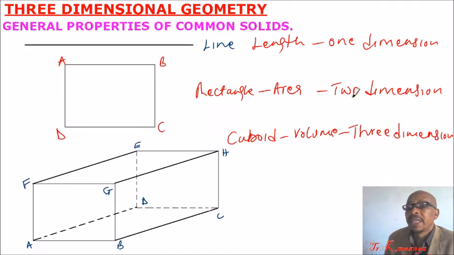Two dimension is a plane figure where you can find the area. A figure or a solid where you can find the volume is three-dimensional geometry.